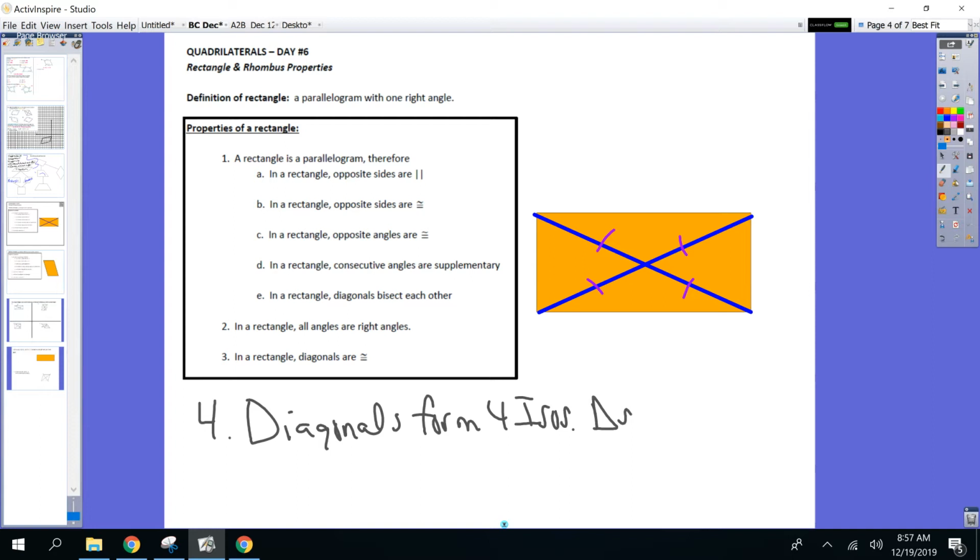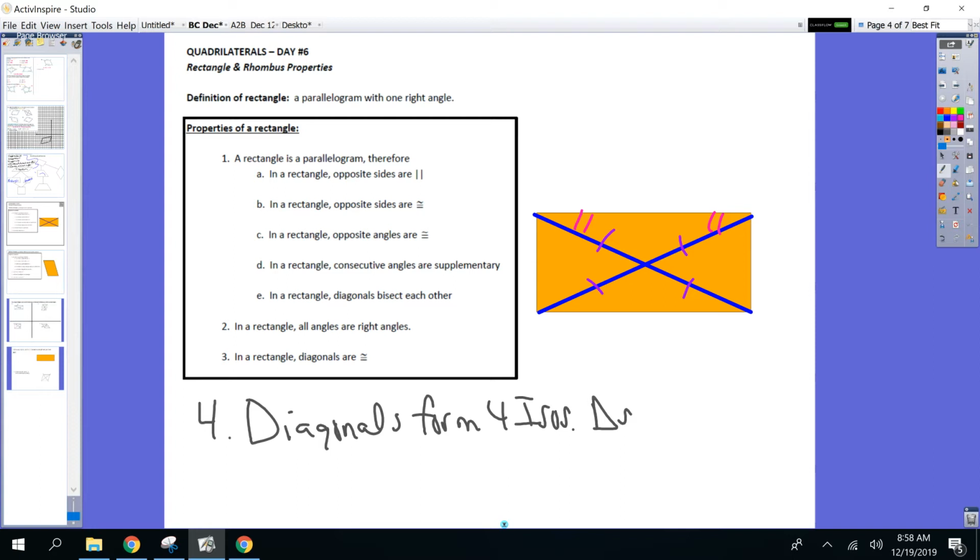Who cares? What's the big deal with that? Well, here's the big deal, and here's where you're going to use it. Take one triangle. What's across from these congruent sides? I'm not going to mark all of them, but hey, those are congruent now. Okay? So the diagonals form 4 isosceles triangles. Do not forget the parallelogram properties still apply. Questions on the rectangle. Rhombus is a little bit more complicated.